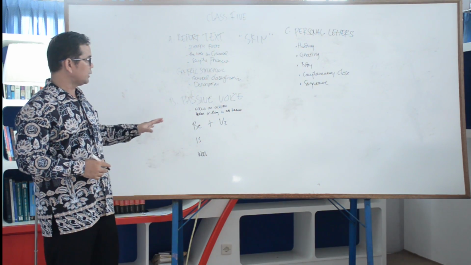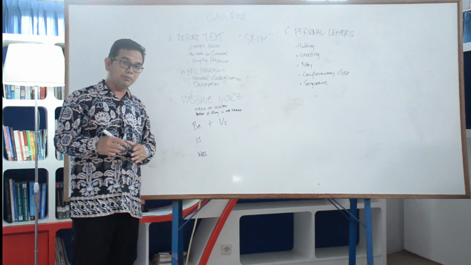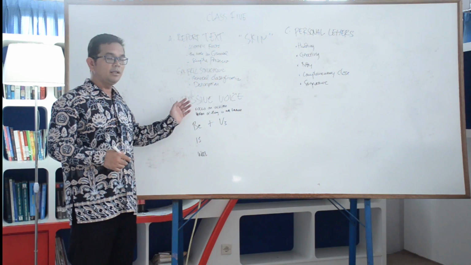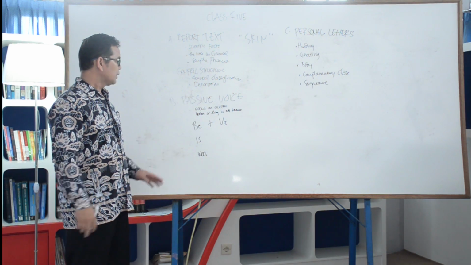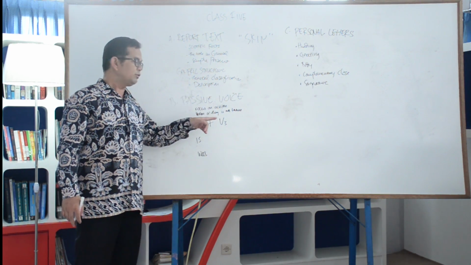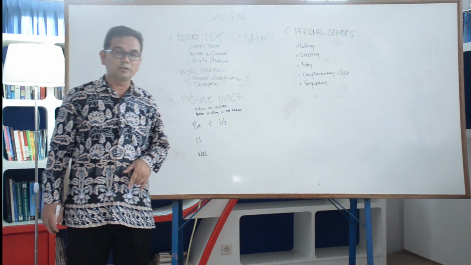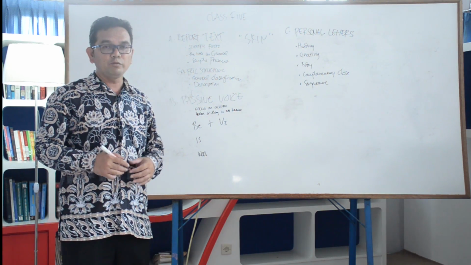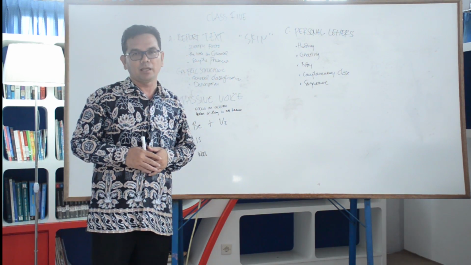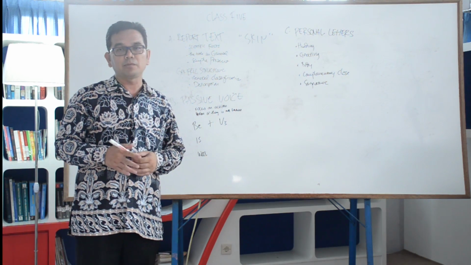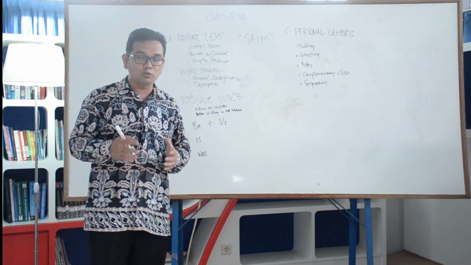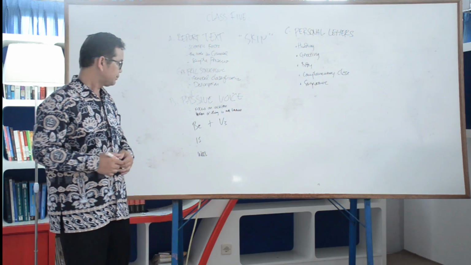And the second, I'd like to give you a brief explanation about the passive voice. We use the passive voice when we focus on the action. We do not focus on the subject, the people or thing, but we focus on the action.